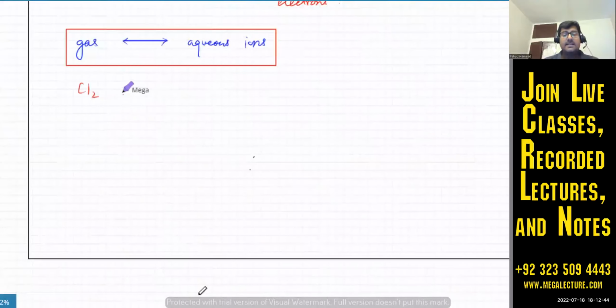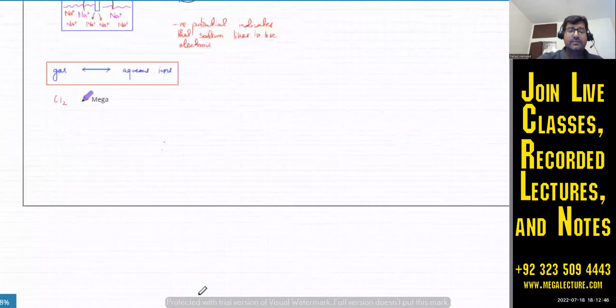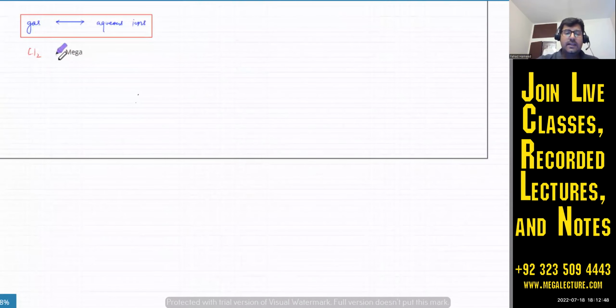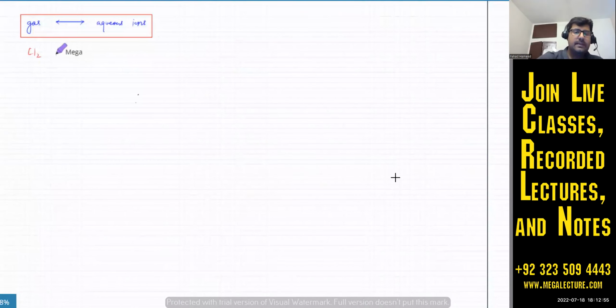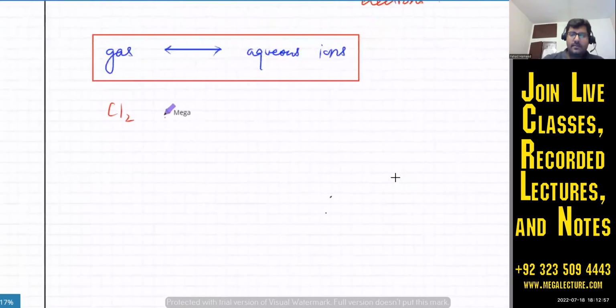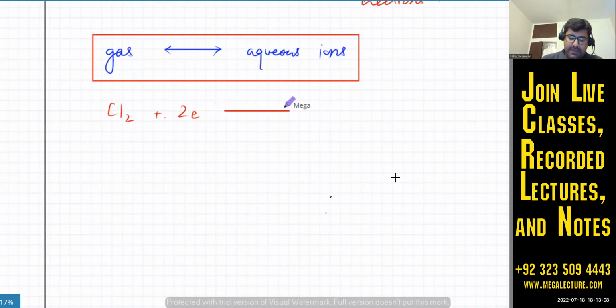I guess everyone agrees that Cl2 really likes to gain electrons, right? Is that clear? Yes. So we know that Cl2 really likes to gain electrons.